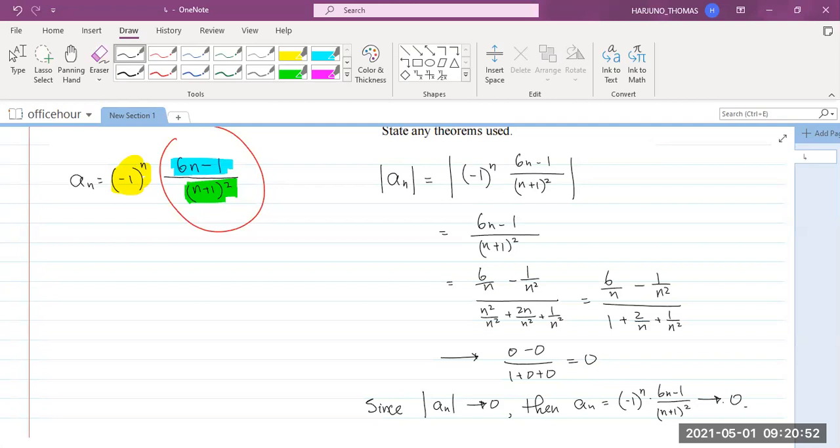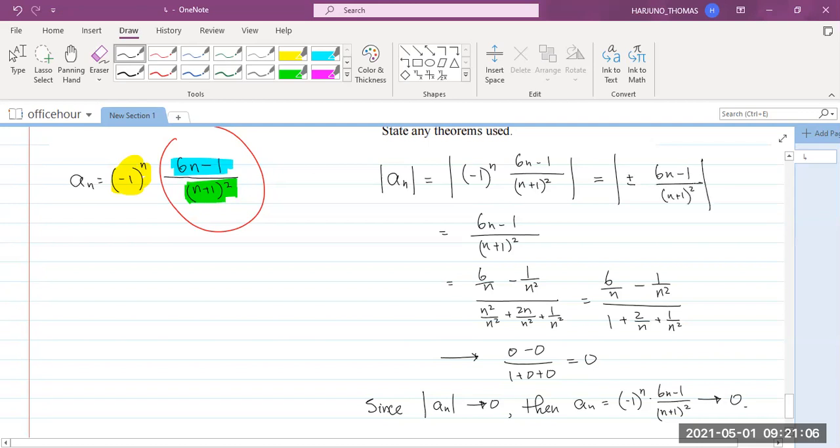It's either plus or minus, so it's nothing. Even though this notation is incorrect, negative 1 to an odd number is negative, and negative 1 to an even number is positive. Once you put it in absolute value, it becomes just positive. So the n power just goes away with the absolute value. Got it.